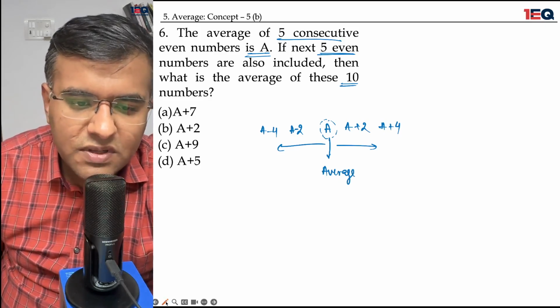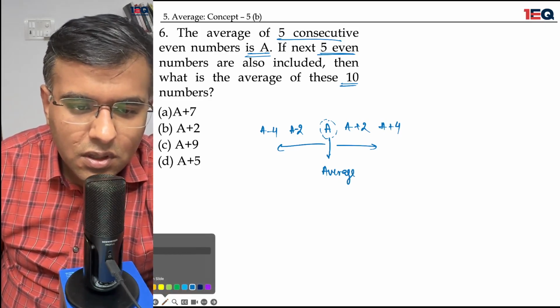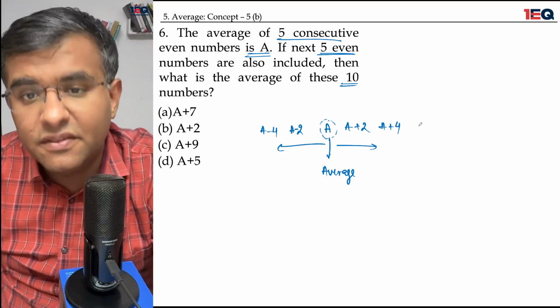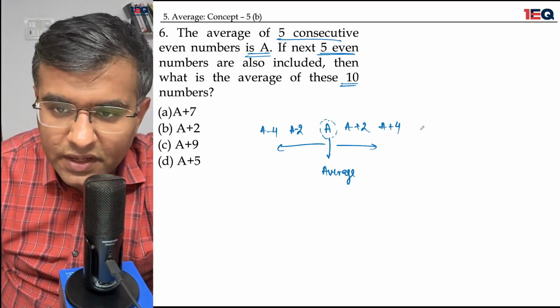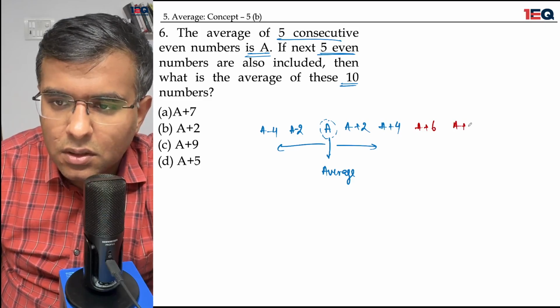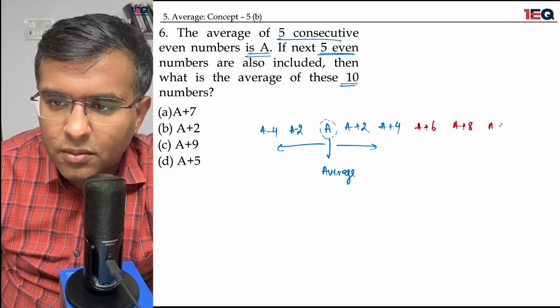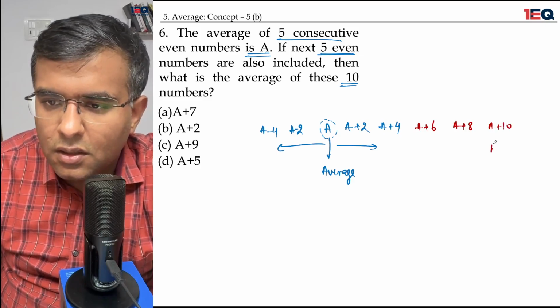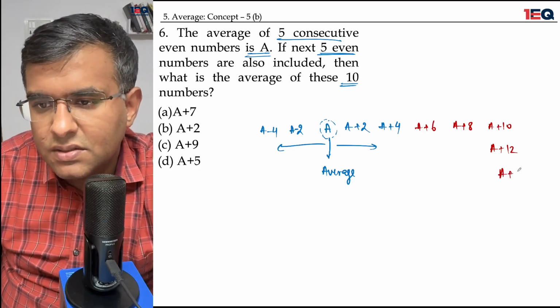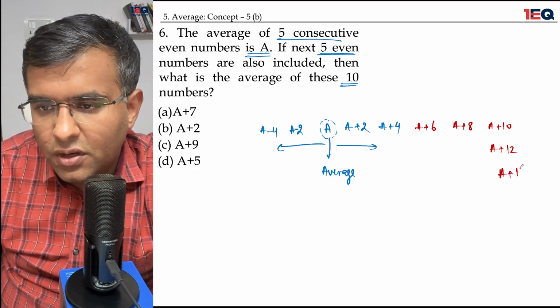Now I will introduce the next 5 even numbers as well. They would look like A plus 6, A plus 8, A plus 10, A plus 12, and A plus 14.